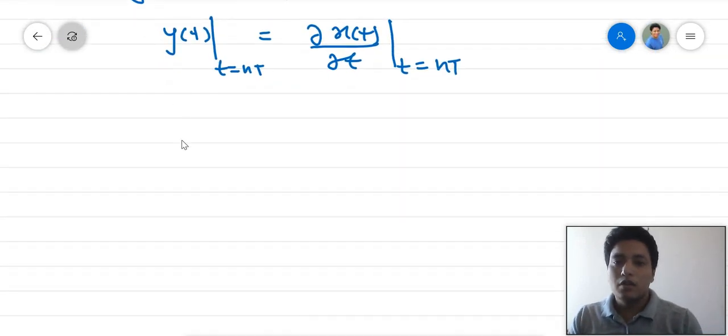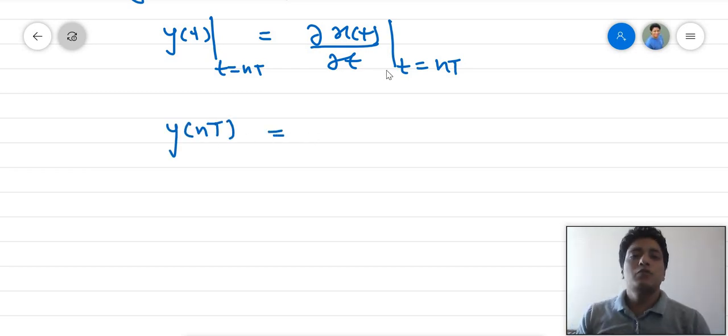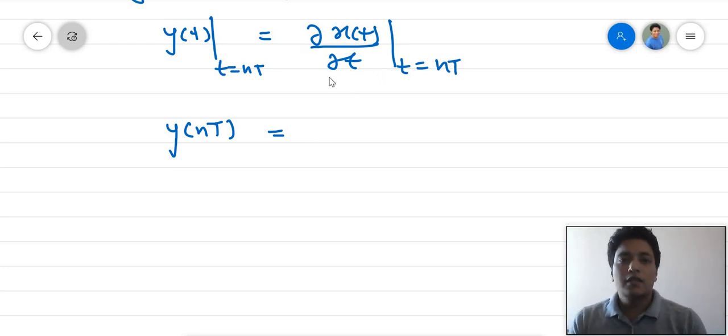Using the definition of differentiation, del x(t) by del t indicates the smallest change from one point to another.